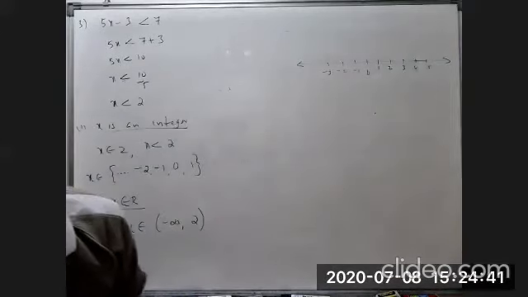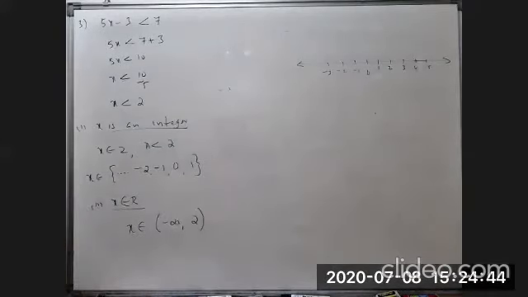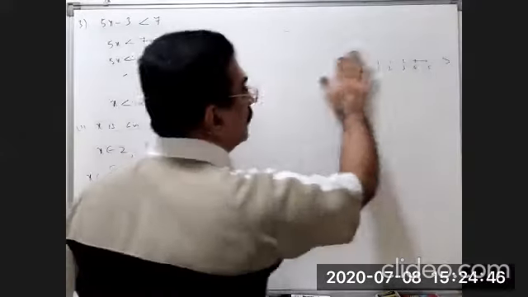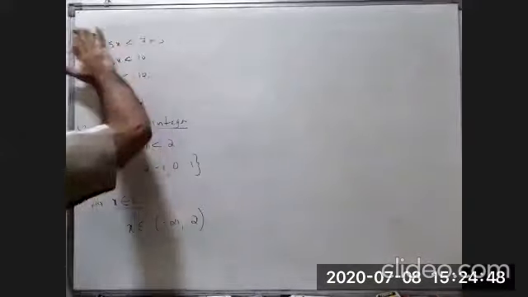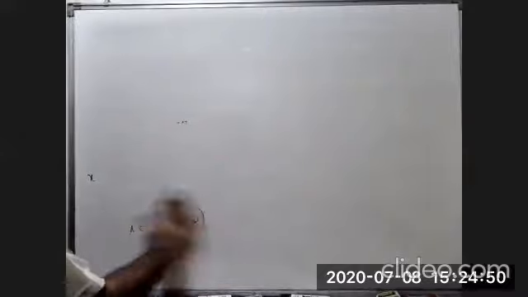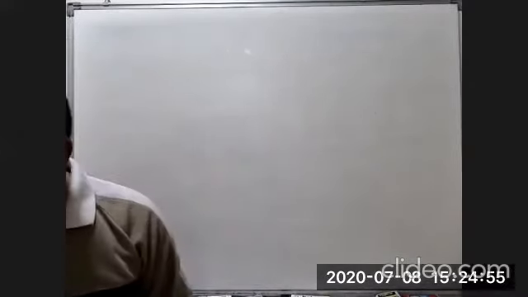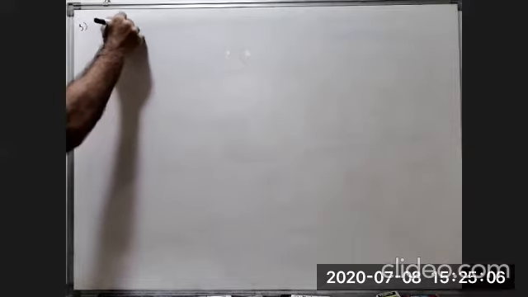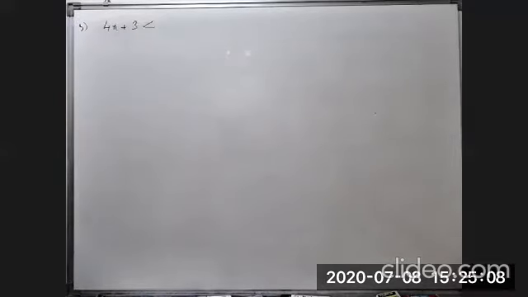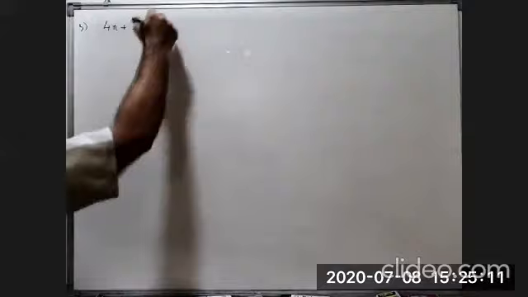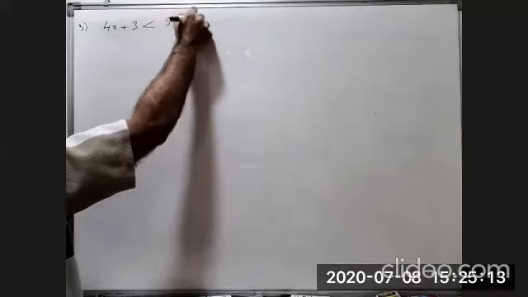That's it. Now question number 5. Solve 4x plus 3 less than 5x plus 7. With the other batch, I did 20 questions on answering ones. Start doing it.